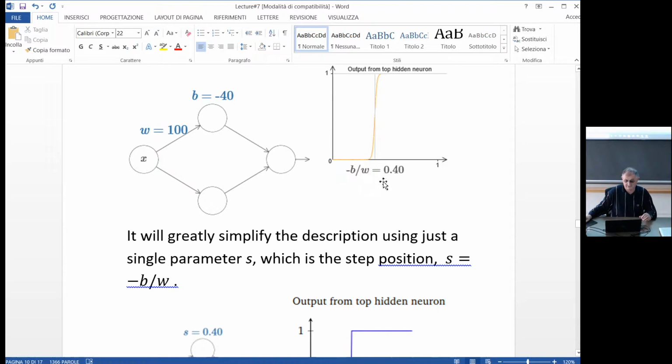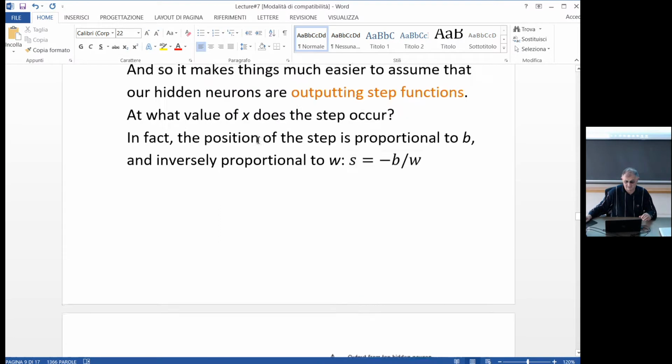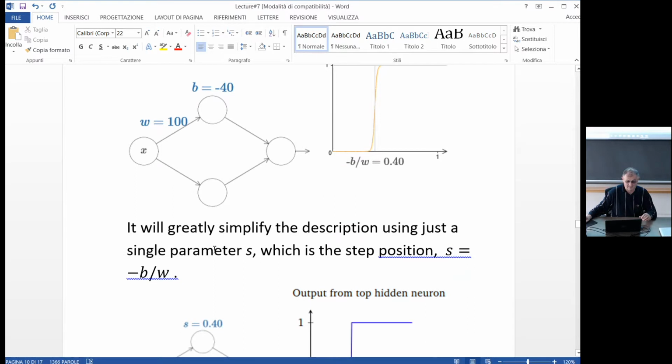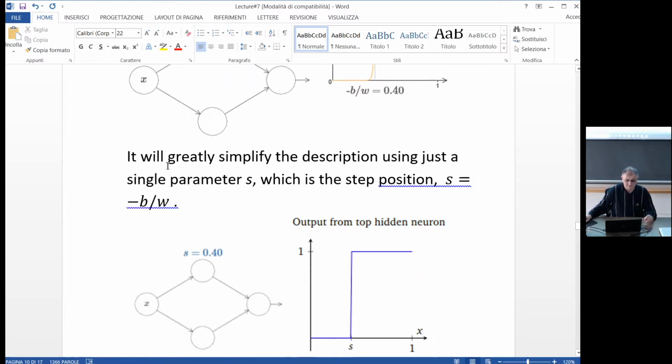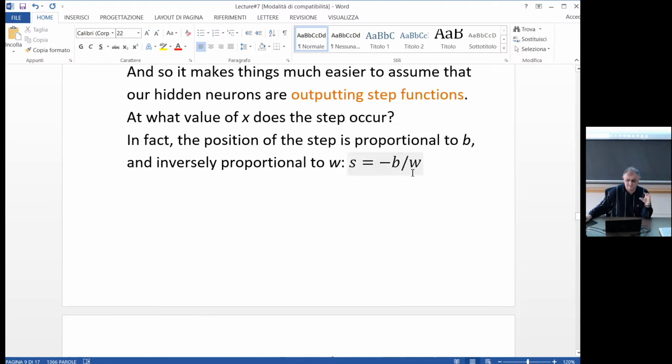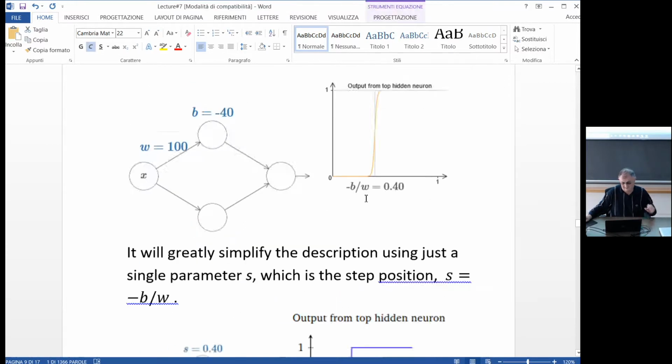And the position is 0.40, so it is minus B divided by W. It will greatly simplify the description using just a single parameter s. So we now temporarily exclude our natural parameters of the neural net, biases and weights. Forget about this and operate only by s.